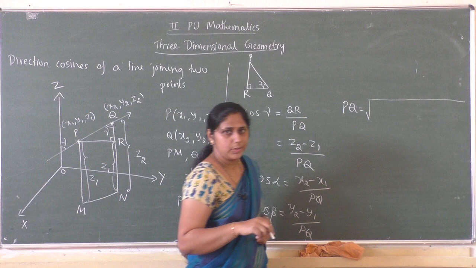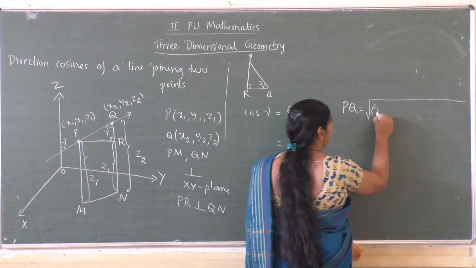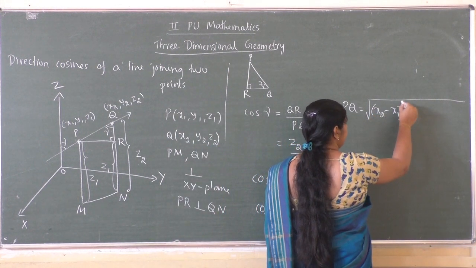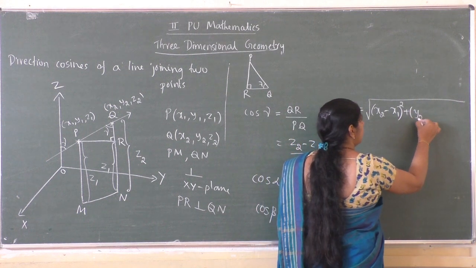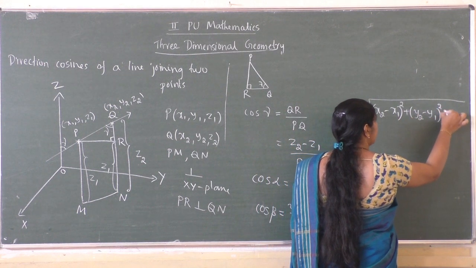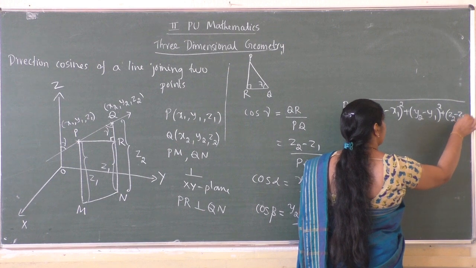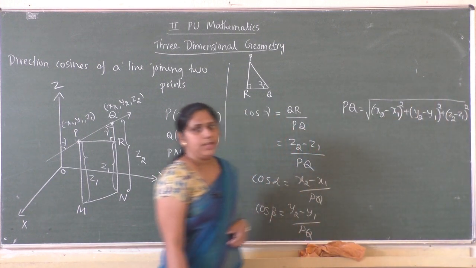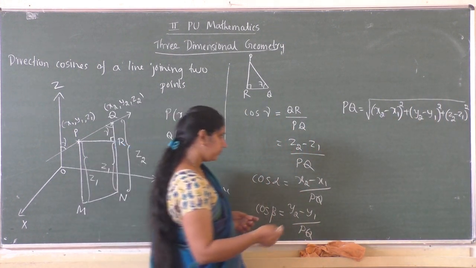How to find the distance between any two points? The formula is the square root of x2 minus x1 whole square plus y2 minus y1 whole square plus z2 minus z1 whole square.